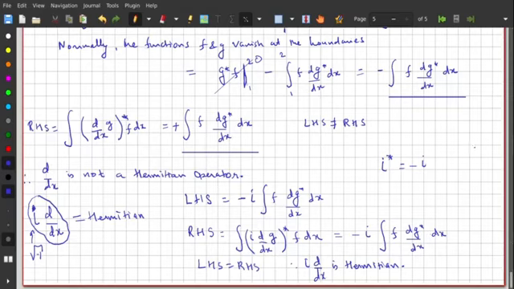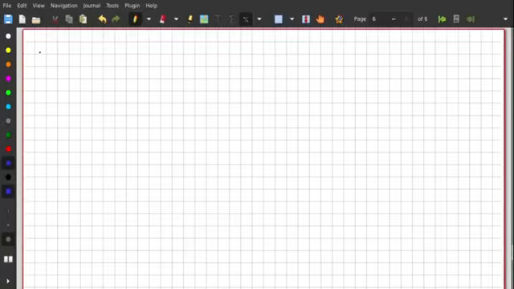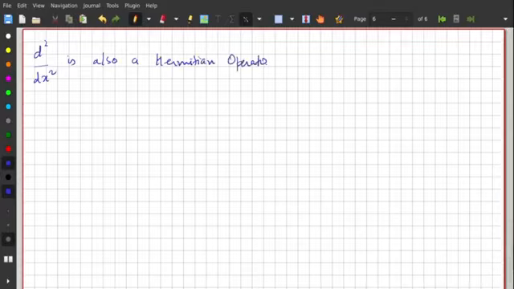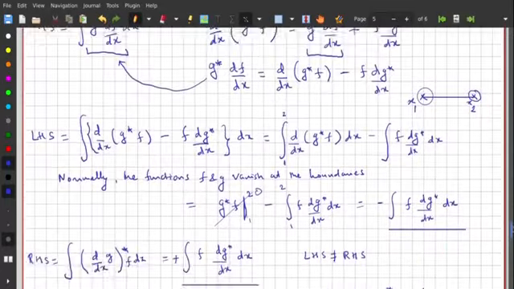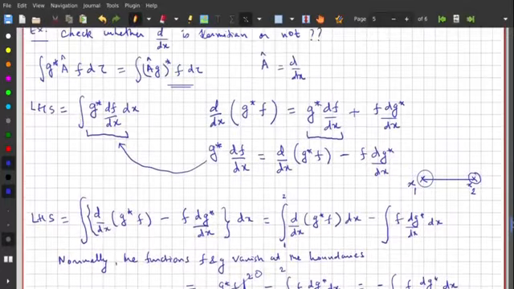Similarly, we can show that the second derivative operator d2 dx2 is also a Hermitian operator. And this you can test yourself by looking at this expression.